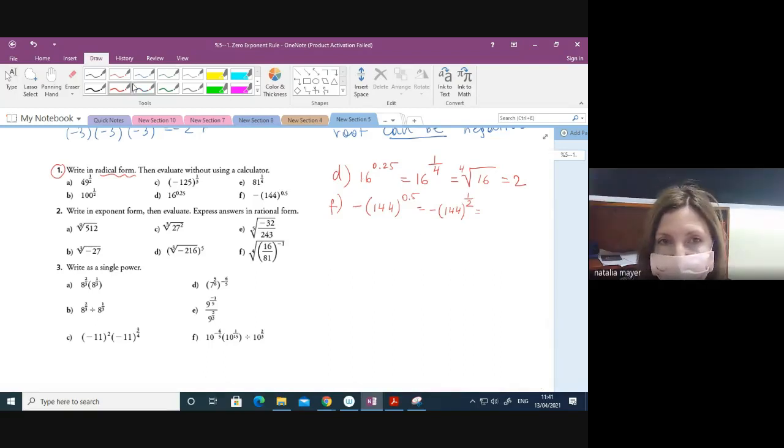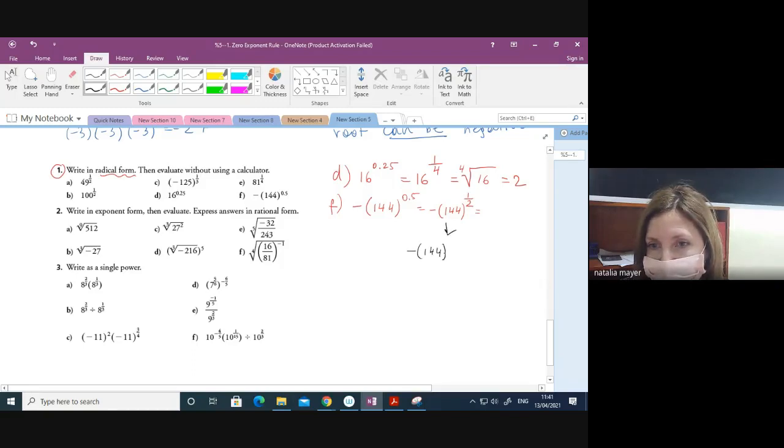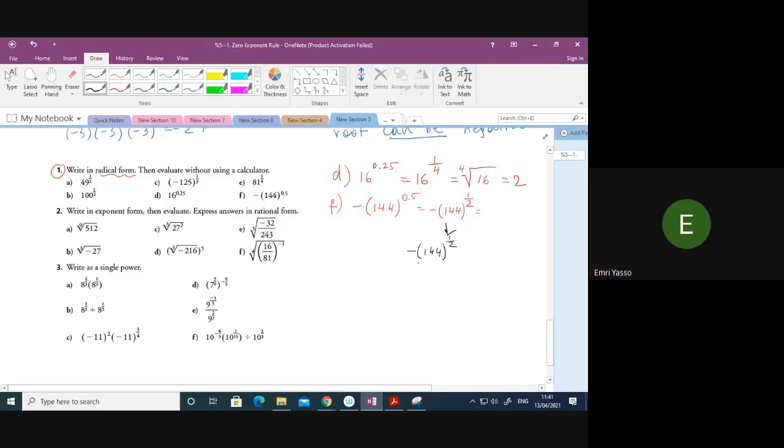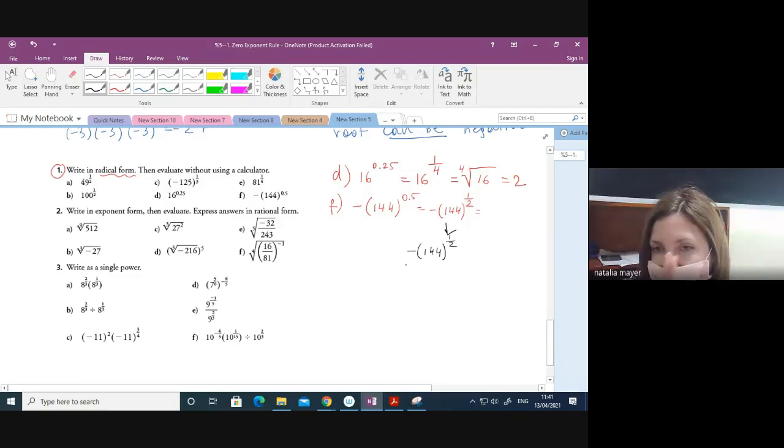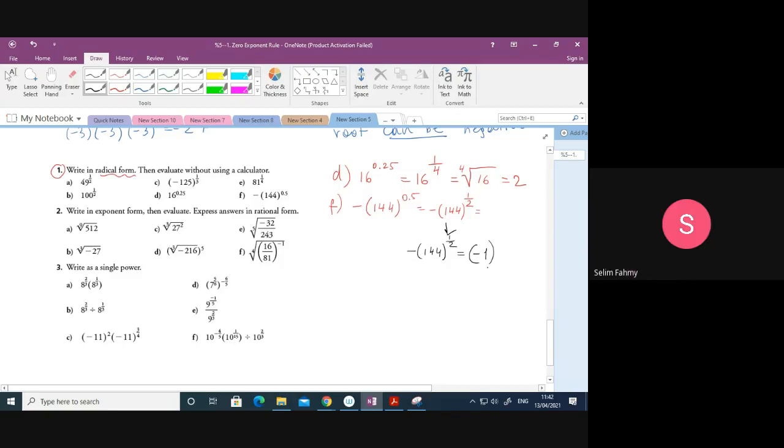Okay, so that's why I focused on this. So look, guys, what is negative 144 to the power of 1/2? Miss, wouldn't you just have to see two things there multiplied? What are the two things multiplied? -1 and 144 to the power of 1/2. Wouldn't you just distribute?